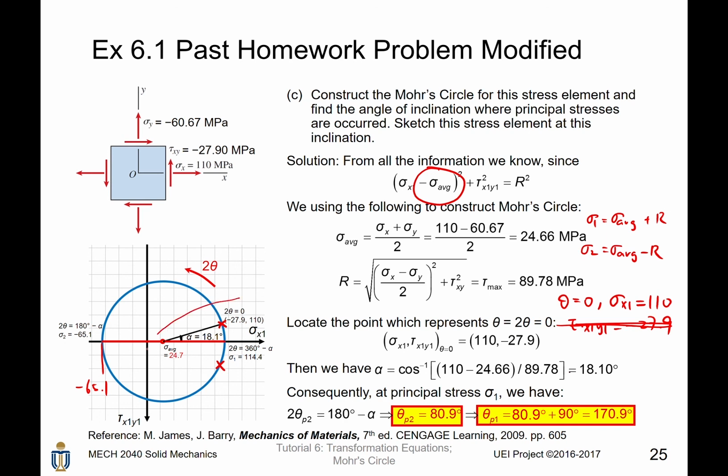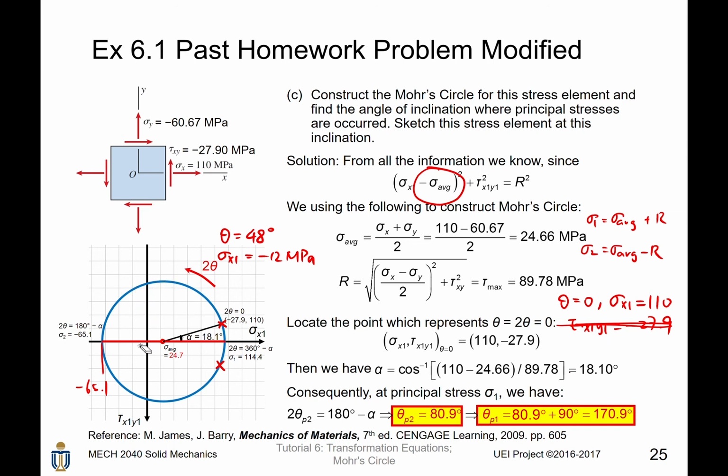So for this case, if we consider theta equals 48 degrees, then by the given condition, sigma x1 equals minus 12 million pascal. Let's try to rotate this line by 96 degrees. Then it will lie in some region like this, and this point represents that sigma x1 is slightly negative.